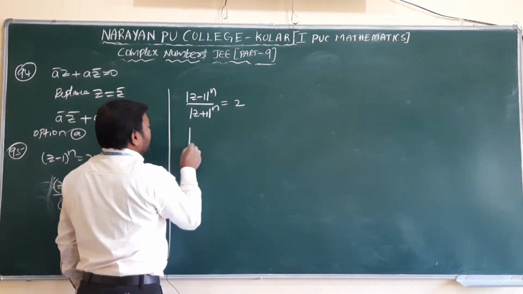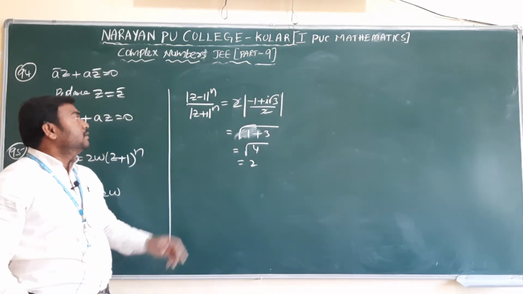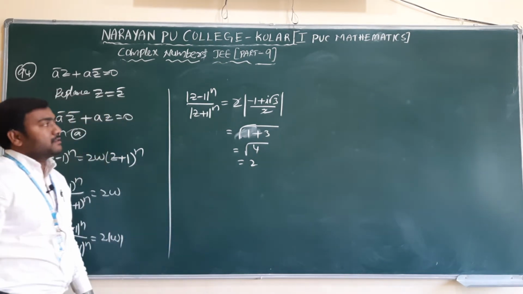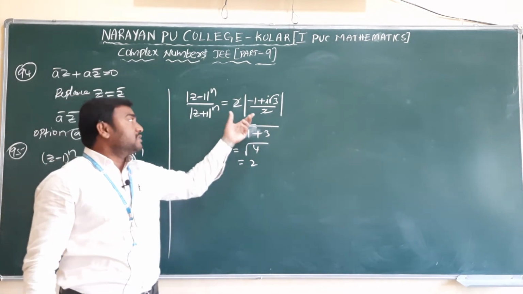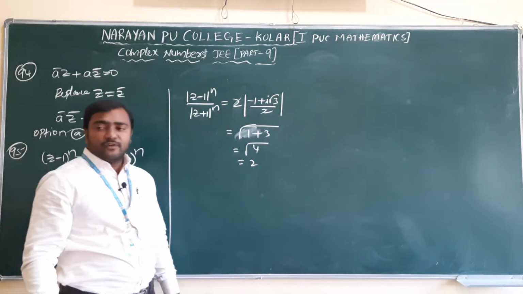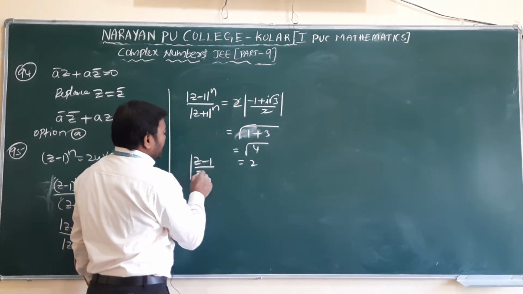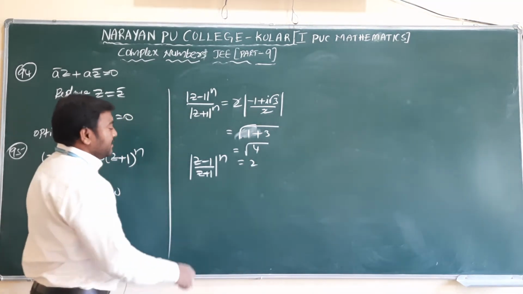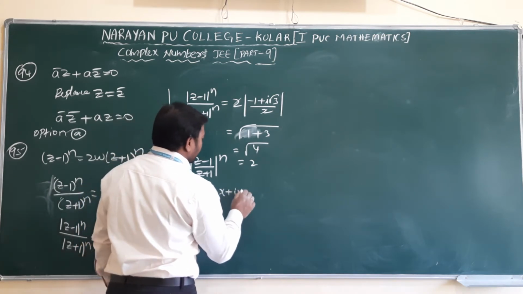We know that omega is equal to minus 1 plus i root 3 divided by 2. Here the 2 gets cancelled, so the modulus of minus 1 plus i root 3 is the square root of 1 plus 3, so the square root of 4, which is 2. Here we get modulus of (z minus 1) by (z plus 1) whole power n is equal to 2 only. Let z is equal to x plus iy.